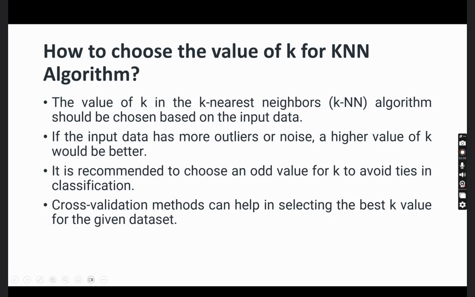For example, if you choose a K value of 4, and in the final output two of the neighbors belong to one group and the other two belong to another group, then it will result in a tie. So it is always recommended to choose an odd value of K. To choose the best value of K, we use a cross validation method, another technique which helps in selecting the best K value for the given data set.